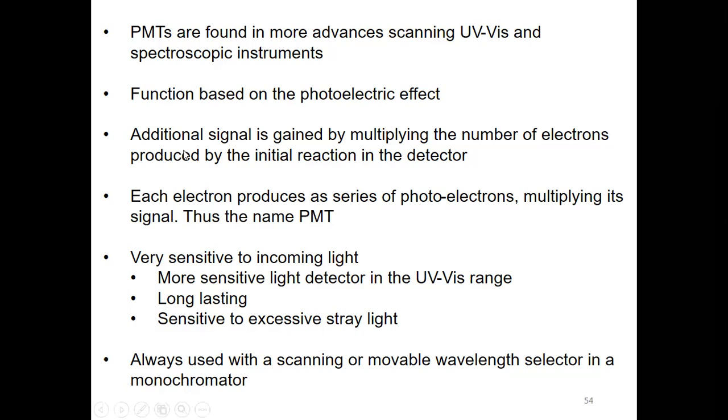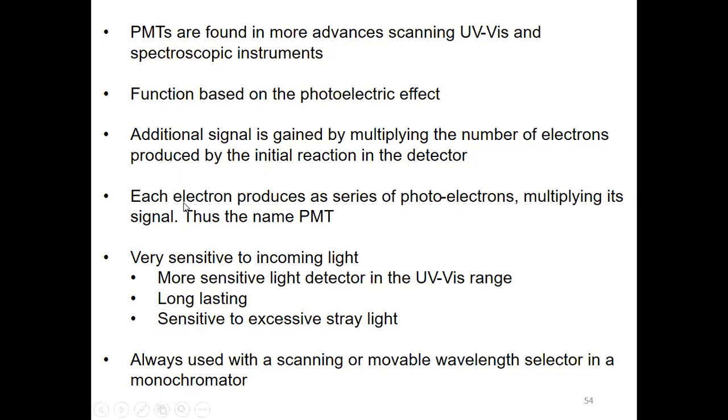An additional signal is gained by multiplying the number of electrons produced by the initial reaction in the detector. So it multiplies the number of electrons. When it multiplies, the signal intensity will be increased. So that is why we call this one highly sensitive. Okay.